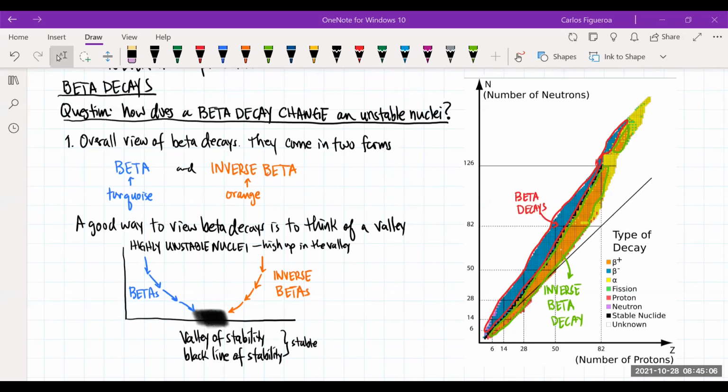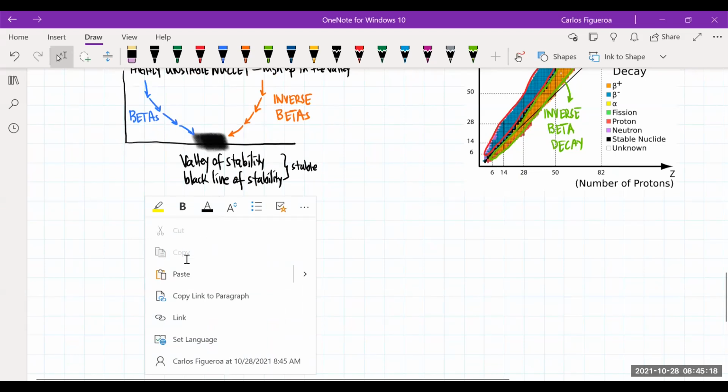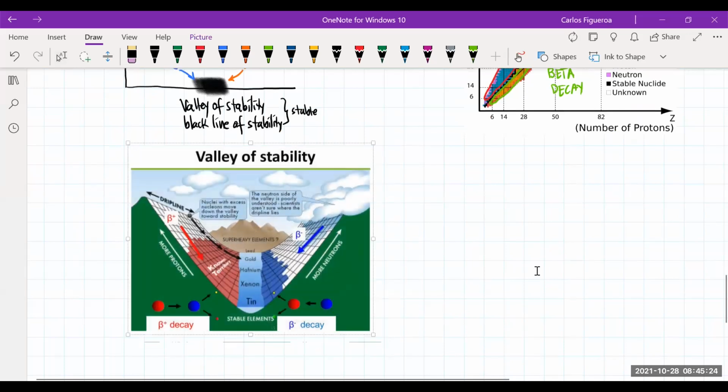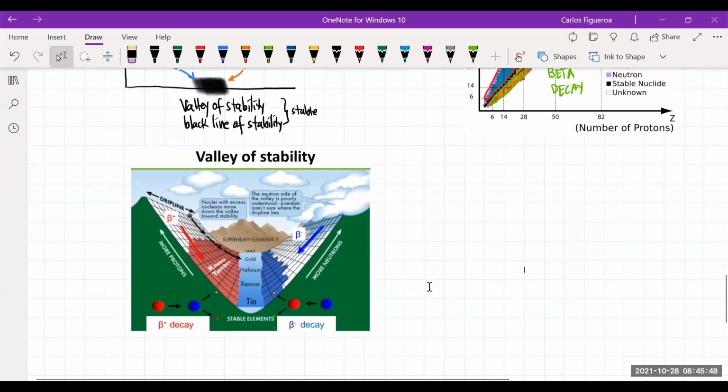There was an Italian guy who won a Nobel Prize for his work in nuclear physics, and he's the one who came up with this picture, which is ingenious. This is a modified picture. The unfortunate piece is that it doesn't match the colors. They should have had the turquoise colors on the left and the orange colors on the right, but they don't. So we'll have to just stick with this.